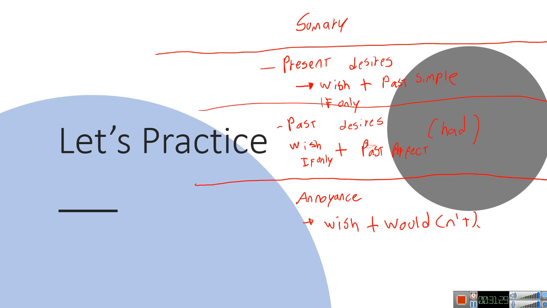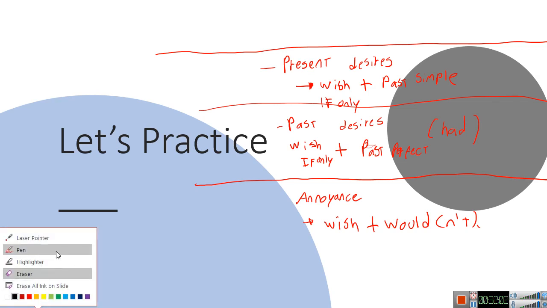You explained the summary. For present desires, the formula is wish plus past simple, or if only plus past simple.